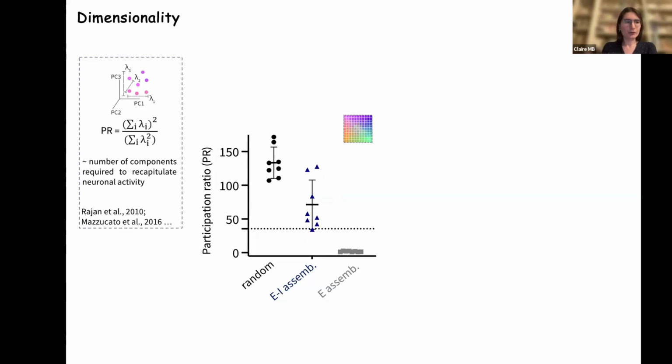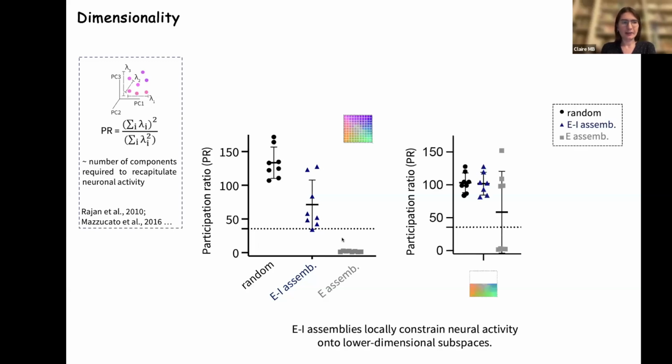So now I want to show you that this is local and happening in the vicinity of the learned odors. So to do that, let's cut the virtual square in half and consider only the part which does not contain the learned odors. So here, the 2 corner odors are novel and there is no corresponding EI assemblies or E assembly. So in this case, you see that the dimensionality of the random networks and the networks with EI assemblies is similar.